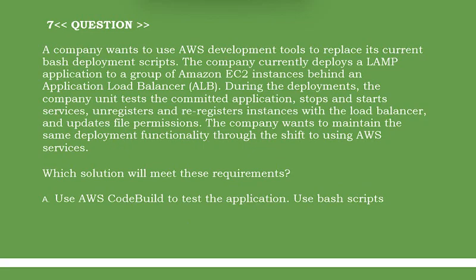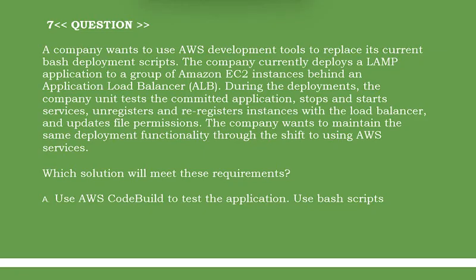Question: A company wants to use AWS development tools to replace its current bash deployment scripts. The company currently deploys a LAMP application to a group of Amazon EC2 instances behind an Application Load Balancer (ALB).